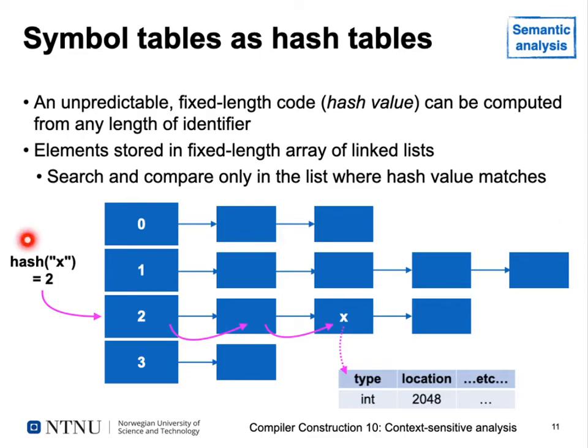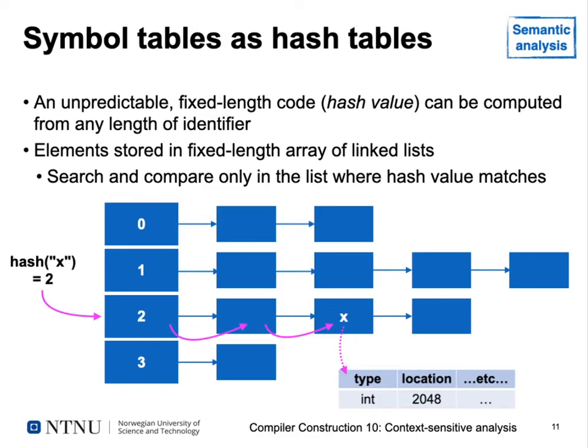So we call hash of X, it returns 2. We know this element 2 of our hash table is the element we have to start our search, and then we have to walk the pointers in this linked list that starts at our hash table element 2 to find the entry that actually refers to X. If we arrive at the final entry and there are no more entries and we haven't found X, that would be an indication that there is no information about X. So maybe when somebody tried to use X and it wasn't there, we should print an error.